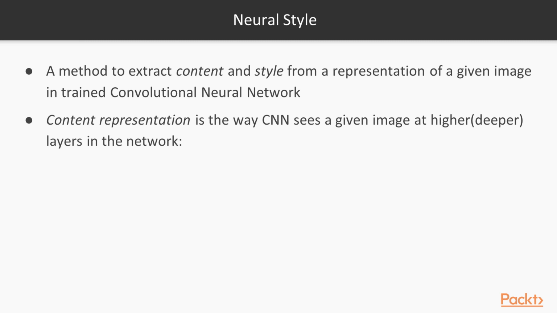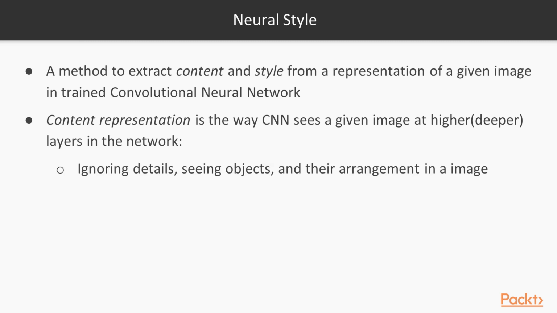So this is the content representation, when we ignore the details, but we can recognize the objects and their arrangement in an image. This is the content part of neural style.